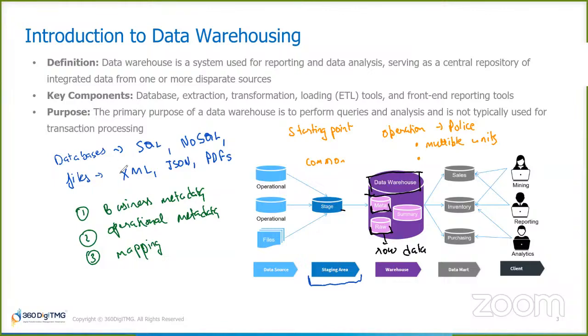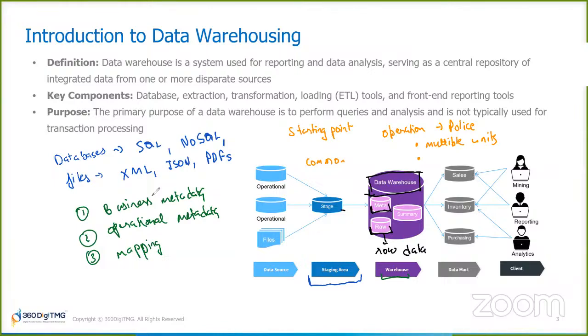This common place is a data warehouse. So when we talk about mapping, we are looking at the source databases and what kind of content our source databases have. What are we doing for data extraction? What are we doing for data partition?